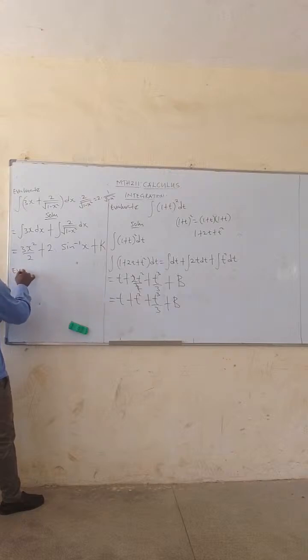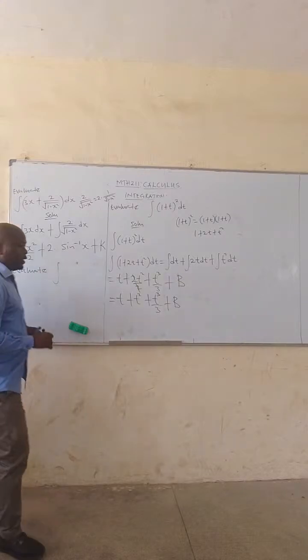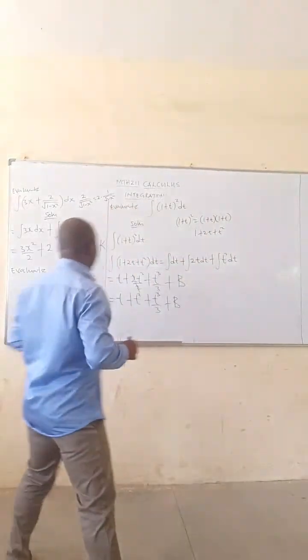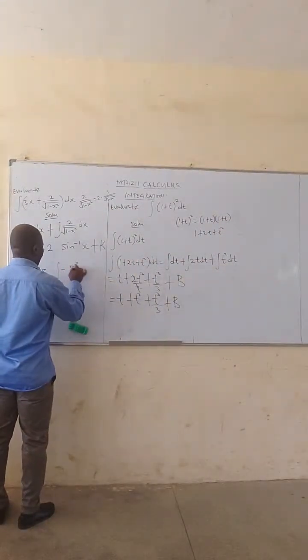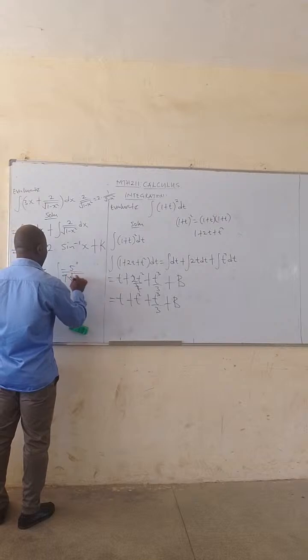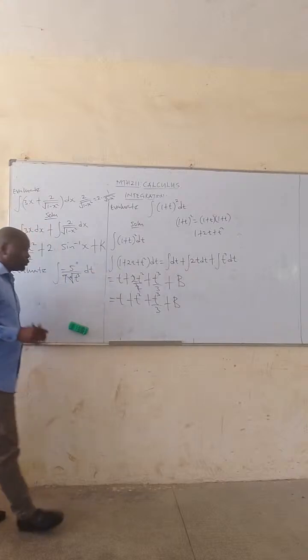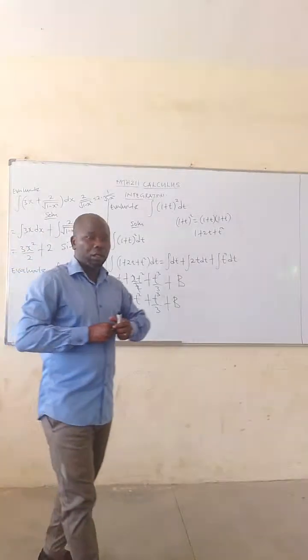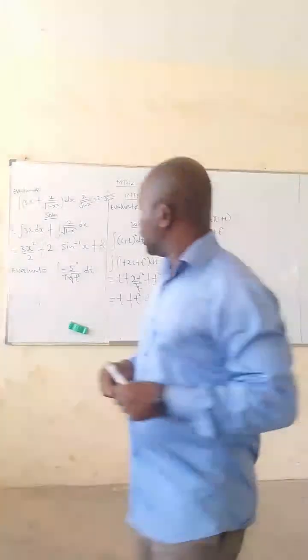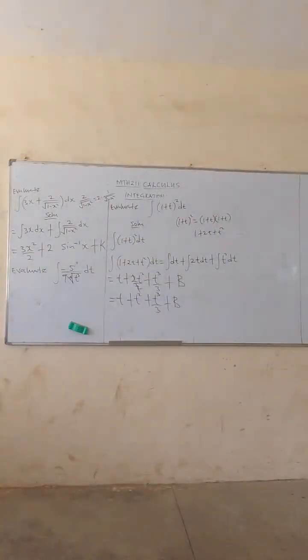Another one is evaluate the integral of minus 5 all over 9 times the fourth root of 3 raised to power 3. So let's consider this.